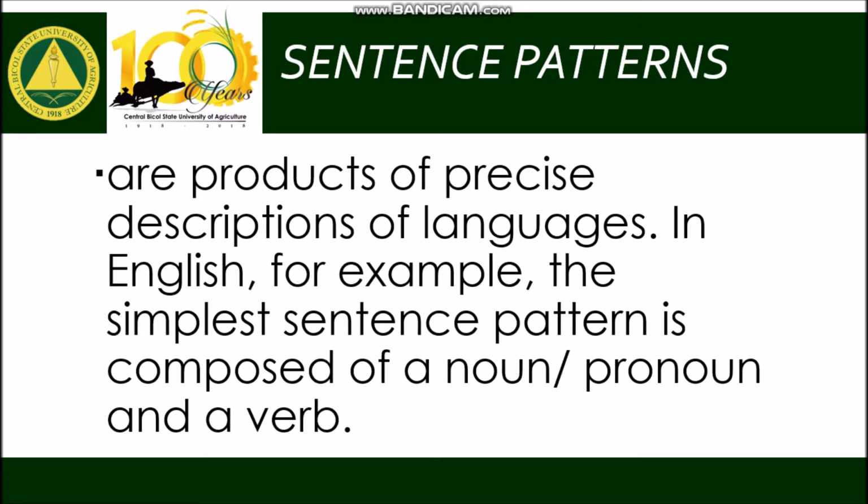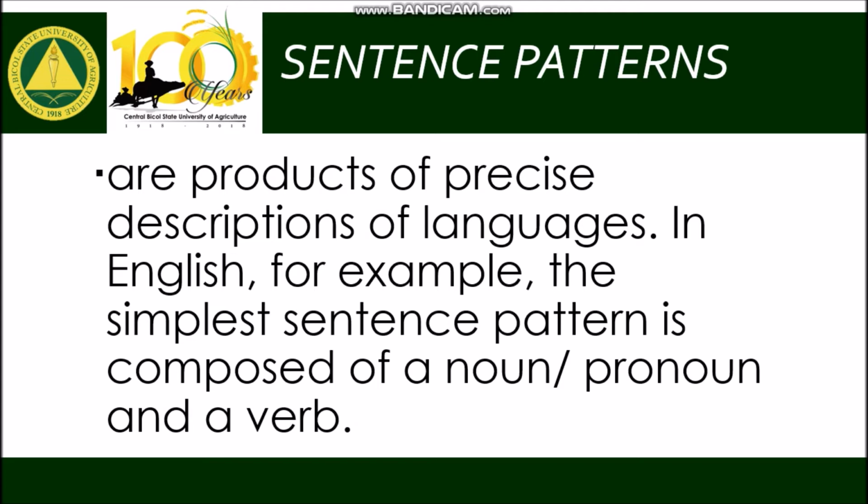Next. If you are teaching sentence patterns, are products of precise descriptions of languages. In English, for example, the simple sentence pattern is composed of a noun or pronoun and a verb. Normally, masasabing complete ang sentence kapag may noun and verb. Di ba? The flowers bloom. The flower is a noun.